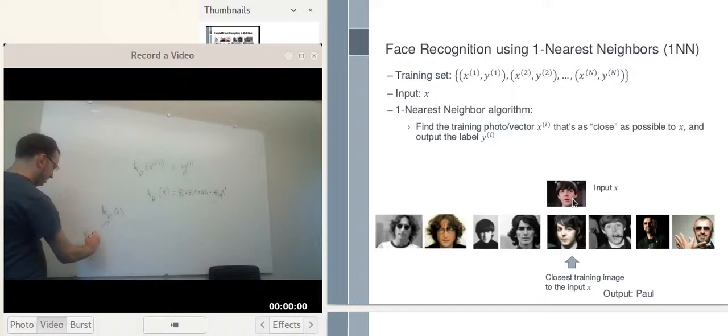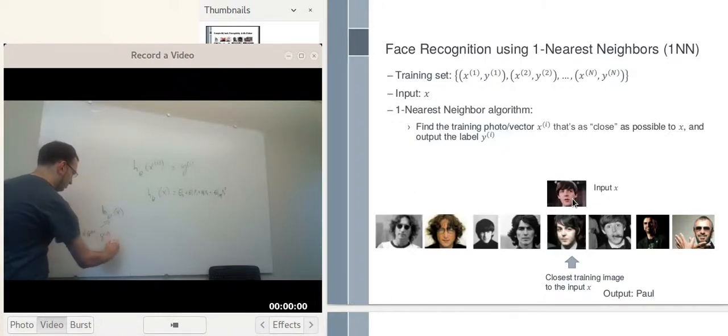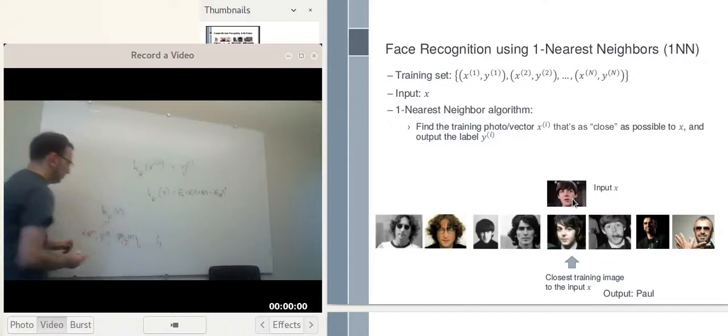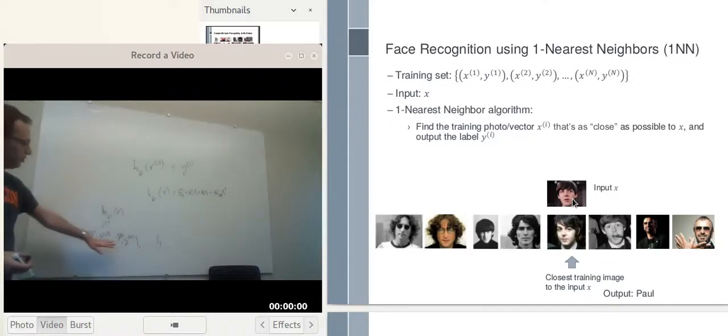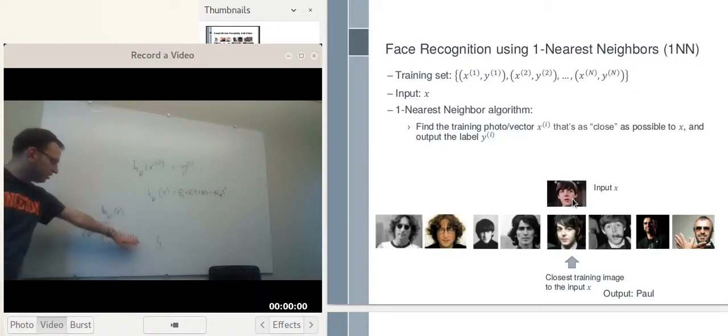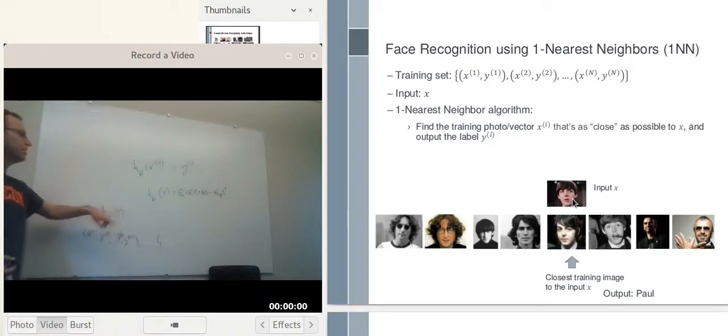So the training set is x1, y1, and x2, y2, and so on. For this particular training set, the procedure is you compare the x to x1, you compare the x to x2, and so on, and you find the x in the training set that's the closest to the input x, and then you output the y that corresponds to that x from the training set that's as close as possible to this x.